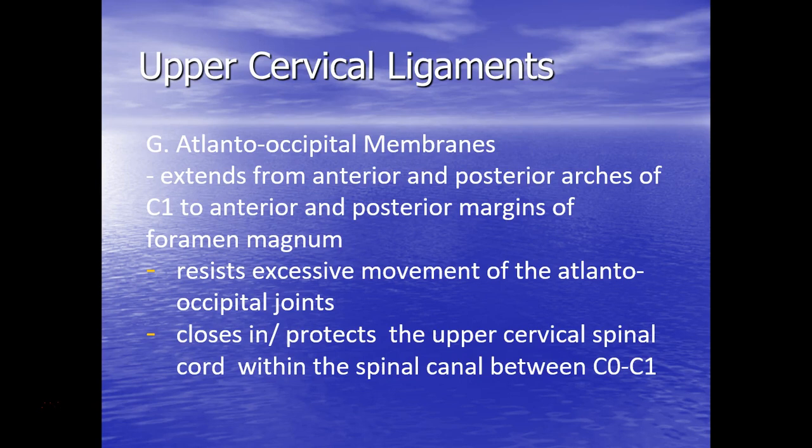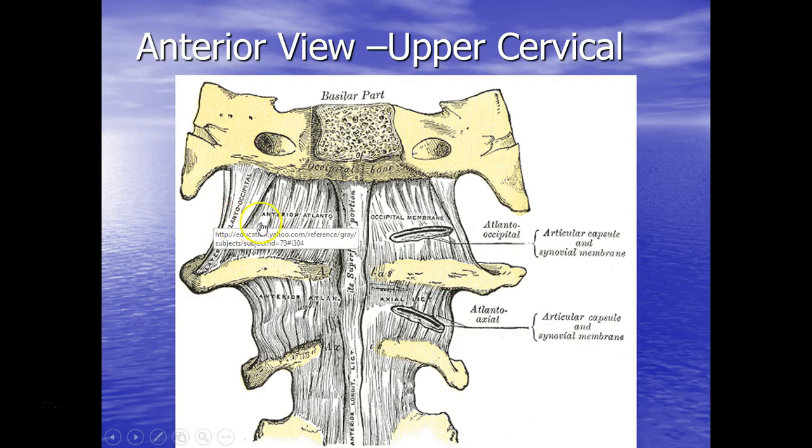They help resist excessive movement at the atlanto-occipital joints. And again, as we mentioned, they close in and protect the upper cervical spinal cord within the spinal canal between the occiput and C1. And we've seen this slide previously.